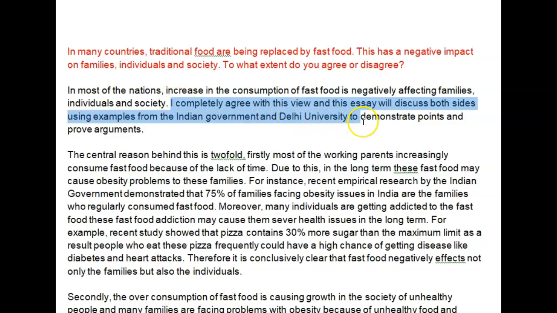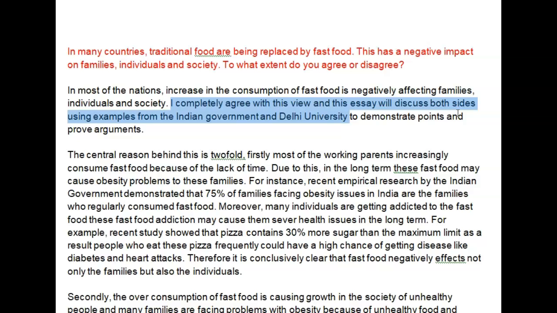I completely agree with this view, and this essay will discuss both sides. No, I completely agree with this view, and this essay will elaborate on my position using examples from the Indian government, etc., etc. That would have made sense. And that actually is what you wrote about. So not this essay will discuss both sides, because it didn't.